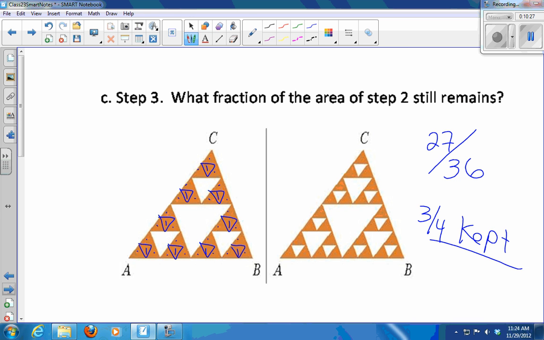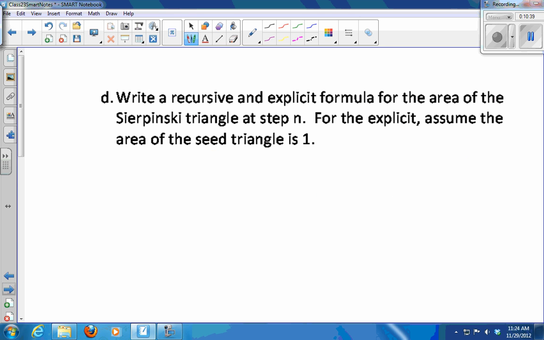So it seems like to get from one step to the next, you keep 3/4 of the area, because we're throwing away 25%, so we're keeping 75%. So if I was going to write a recursive formula for the area at step n, how do I figure it out?